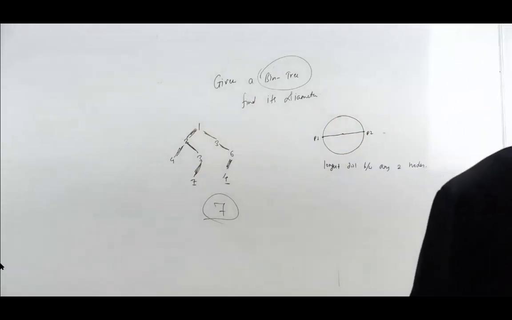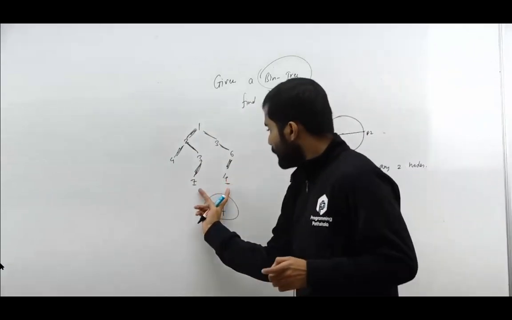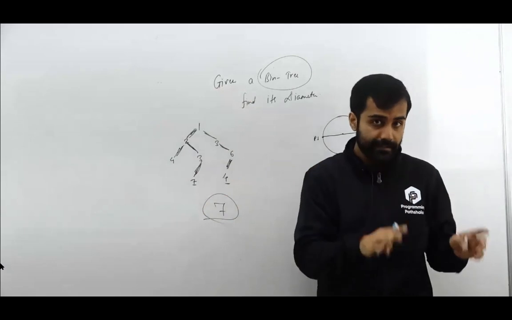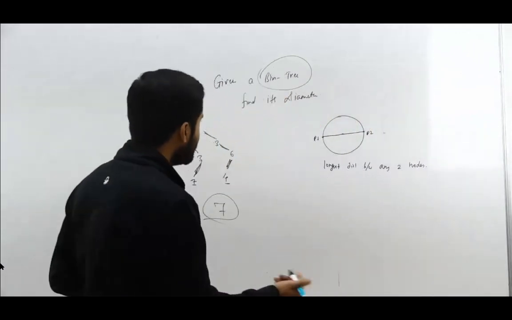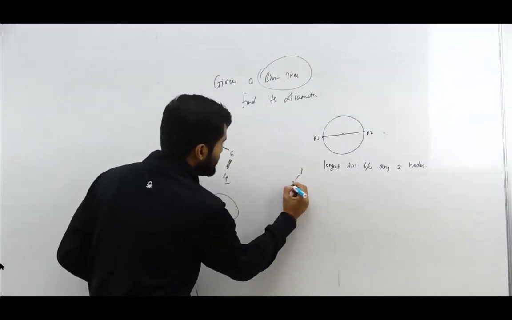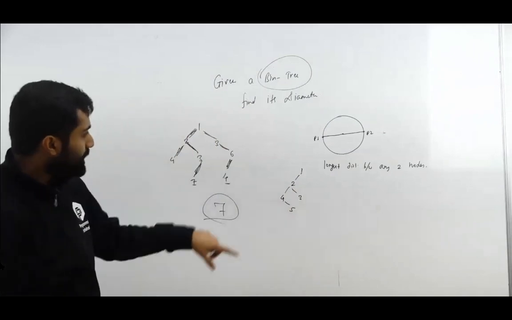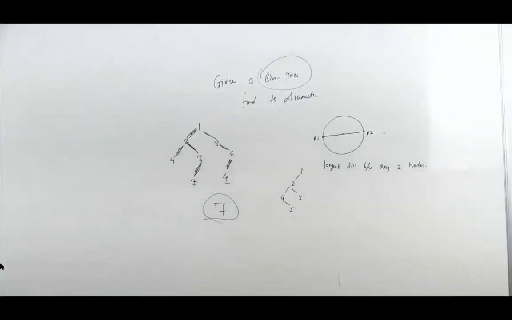Okay. Cool. So my current question was, is it necessary that the 2 nodes having maximum distance will be leaf nodes? Most of you are saying yes, and that is not true. Let's say, tell me the 2 nodes between which the distance is maximum. 1 and 5, right?